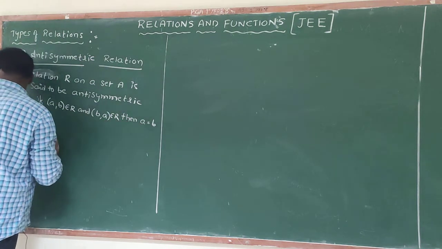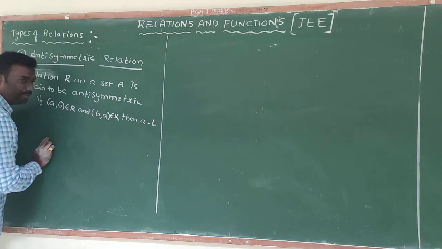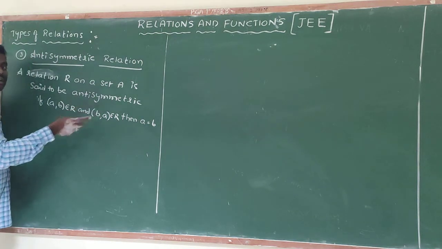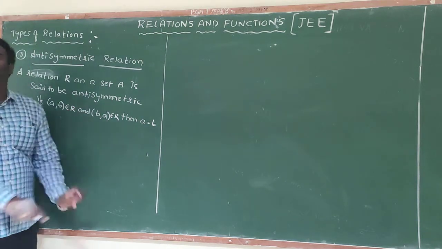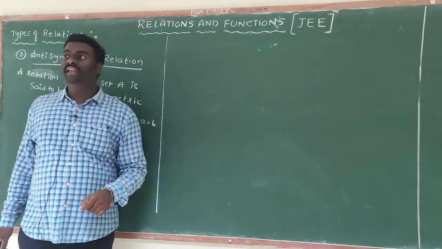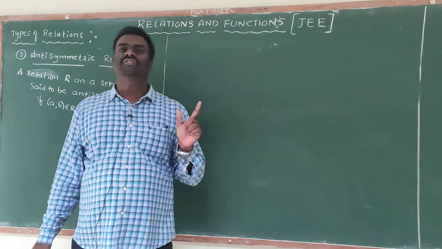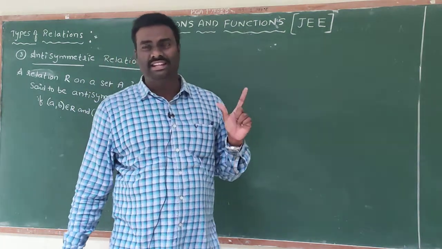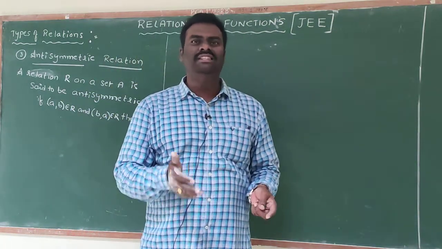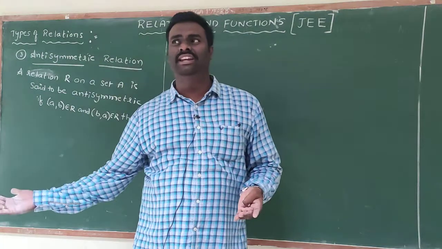So what is the meaning of this definition? If the ordered pair AB belongs to R and its reciprocal BA belongs to R, then A and B are both equal. That is the definition of an anti-symmetric relation. What is the difference between symmetric relation and anti-symmetric relation?